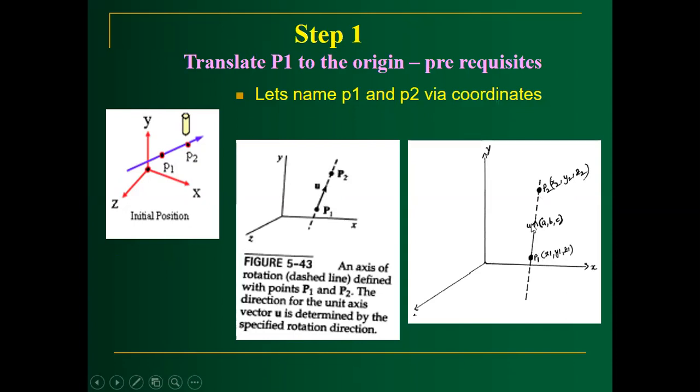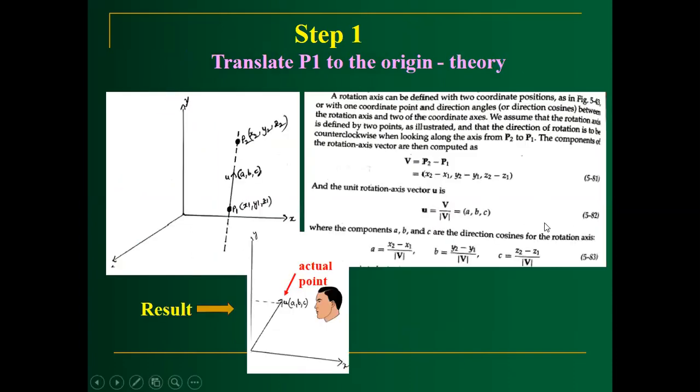Now this u is a unit vector, and let us name the unit vector's coordinates as A, B, C. Because this is a unit vector, we know the definition is the vector divided by the magnitude of the vector. So what is ABC?